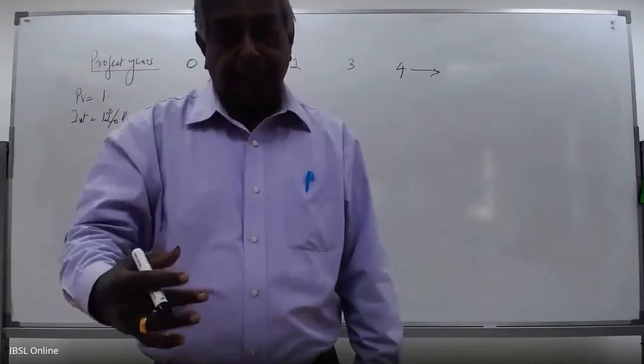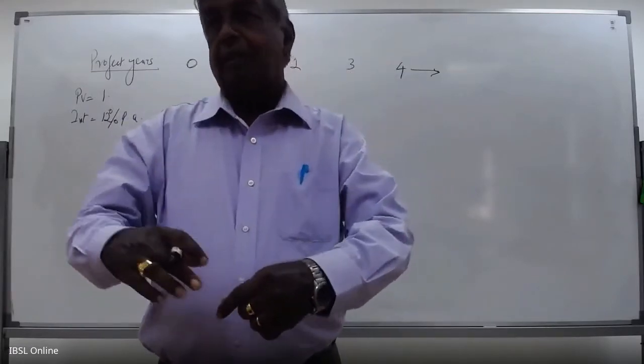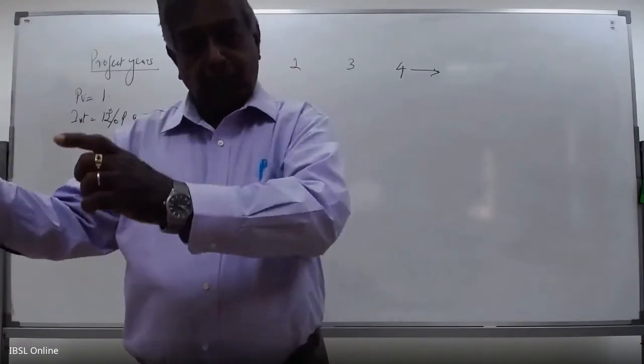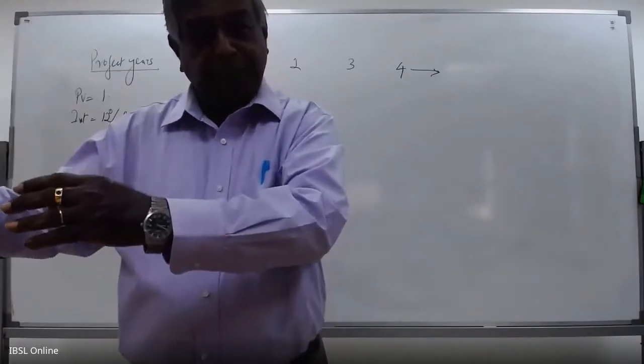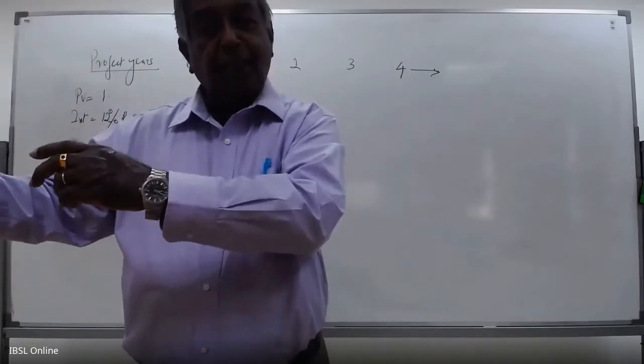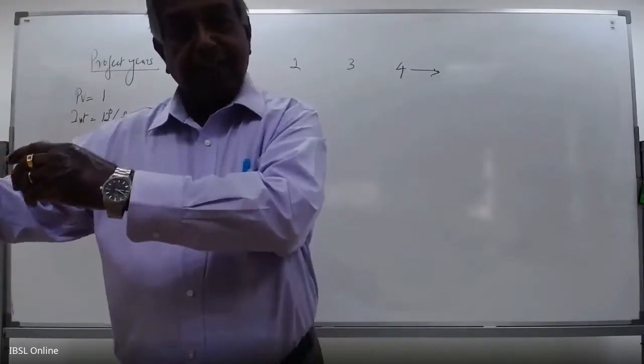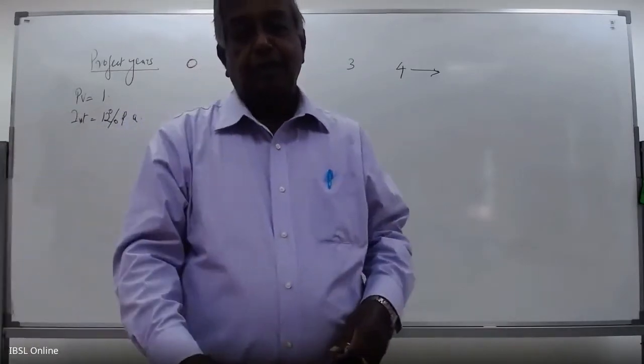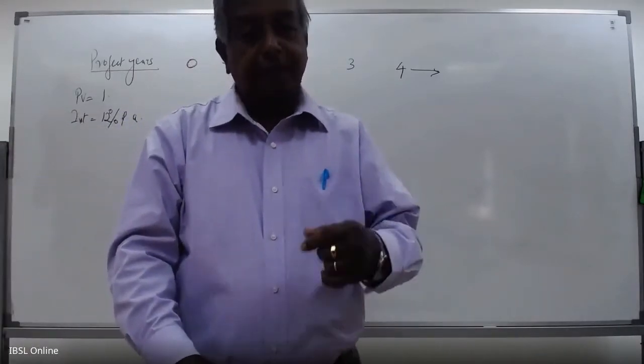That is what will happen: today 1 rupee, then the following year the interest on that 1 rupee is added, and the total becomes the capital for the next year. Interest is earned on interest. We call it an automatic renewal basis.